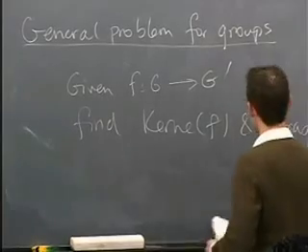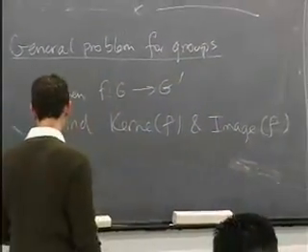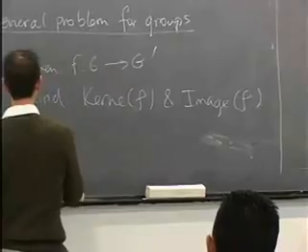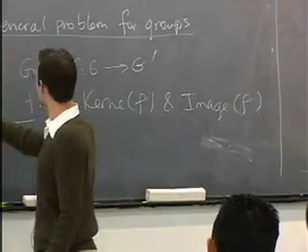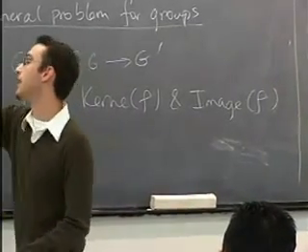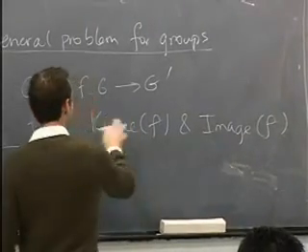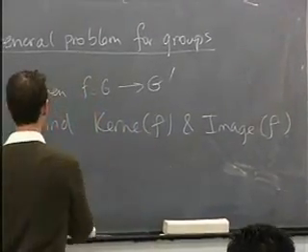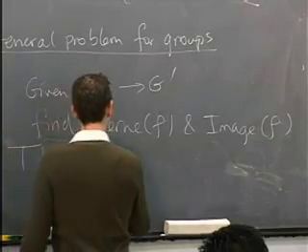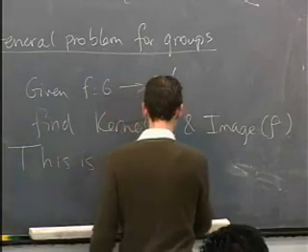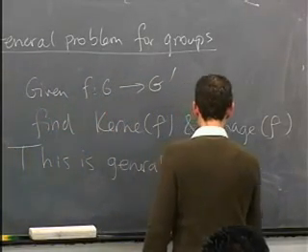Sort of a general problem. It's a sort of obvious thing that you want to be able to do. Now, this is, in general, very difficult. In fact, this is a sort of prerequisite for being able to take advantage of the kind of result that we're talking about here. But this can be very, very difficult in the case of general groups. This is generally difficult.